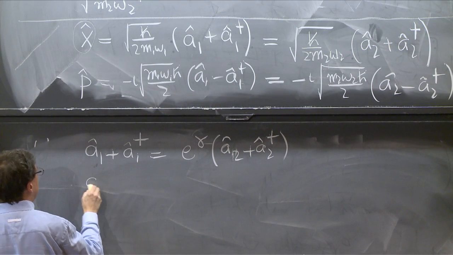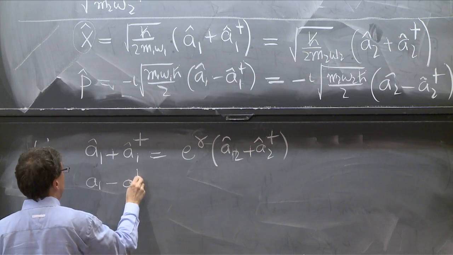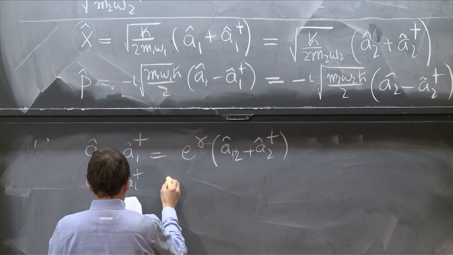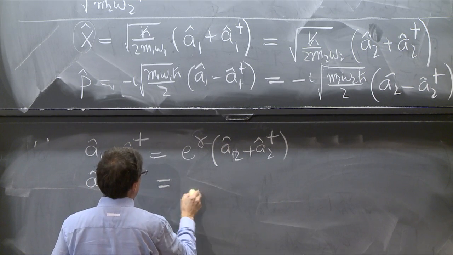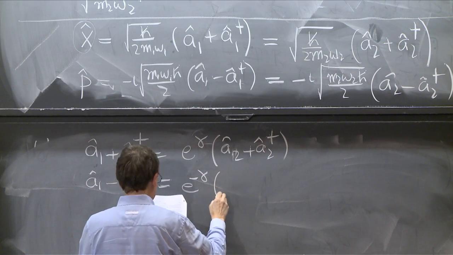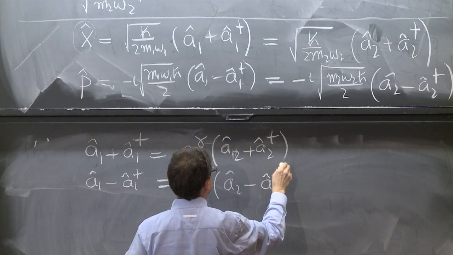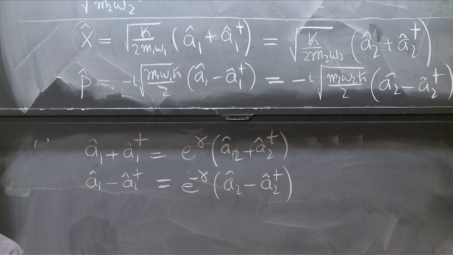From the bottom one, a1 minus a1 dagger is equal to e to the minus gamma (a2 minus a2 dagger). These two equations give you that. It should be clear. You just cancel the constants and remember the definition of e to the gamma.